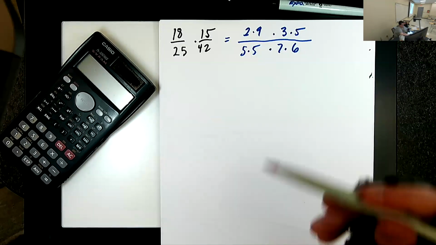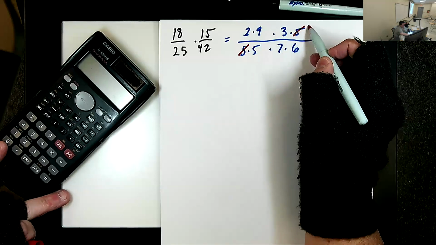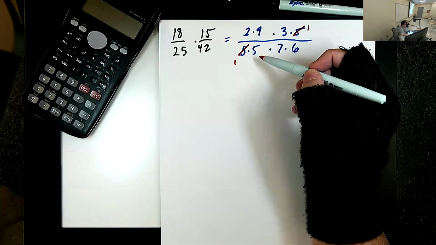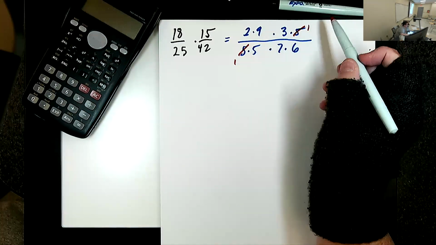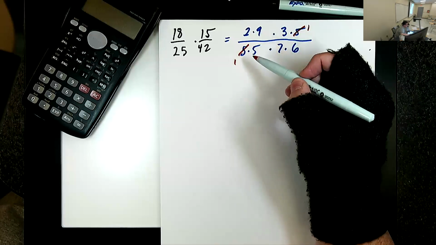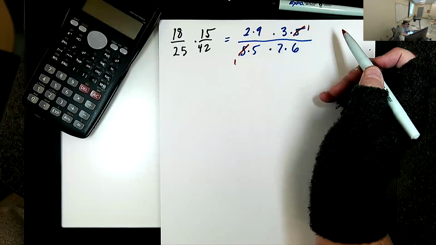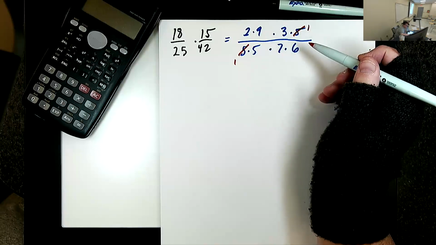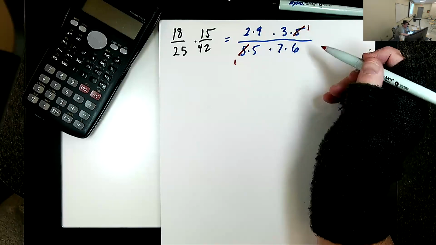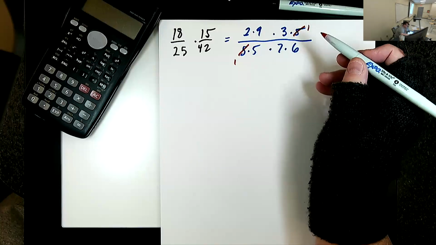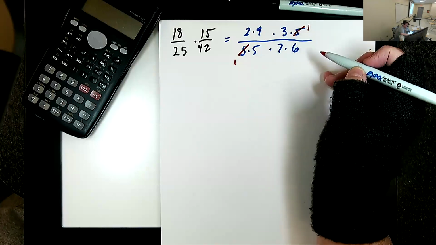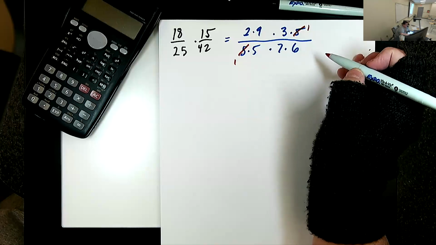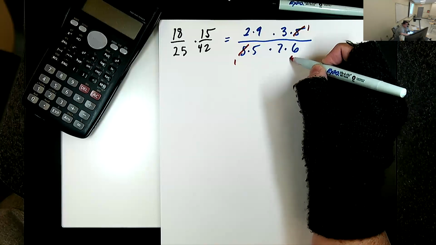I can see right away 5s cancel. And even though I have 2 5s on top and 1 on bottom, they have to cancel in pairs. I can't cancel both 5s on bottom with 1 on top. I gotta go in pairs. And now I don't see anything else that cancels, but there is more stuff that can factor. And an intuitive eye will maybe even notice and not rewrite the factoring.